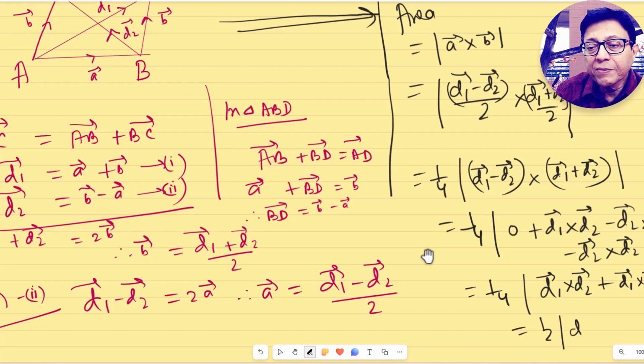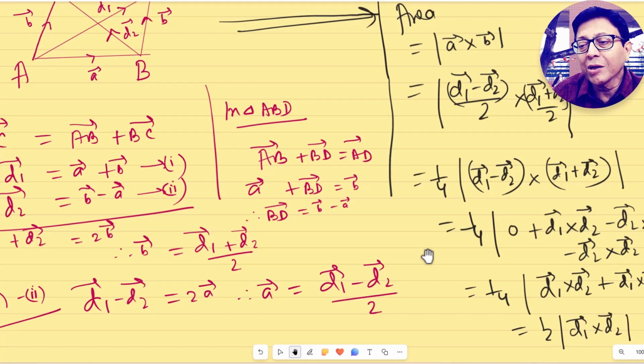So this implies 1/4 [d1 cross d1, which is 0, plus d1 cross d2, minus d2 cross d1, minus d2 cross d2]. Okay?